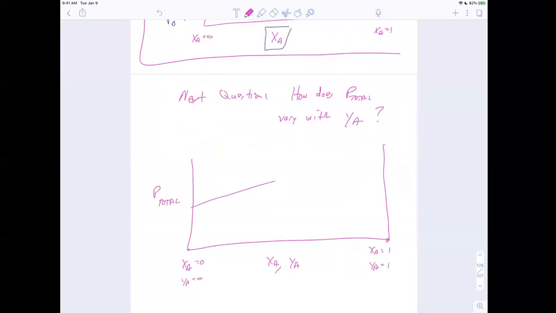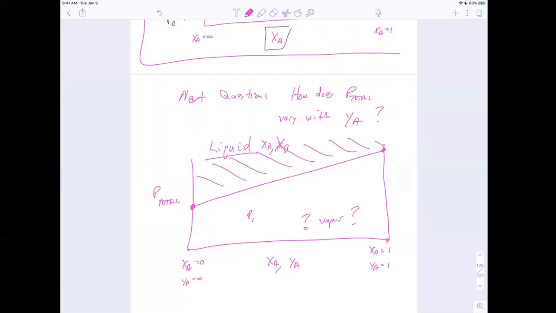We already found this out today, and this is all liquid, with the varying composition of X sub A and X sub B along that line. Next class, we're going to figure out the vapor part. What does that line look like? What is P total as a function of Y sub A at this temperature? That's what we'll find out next class.